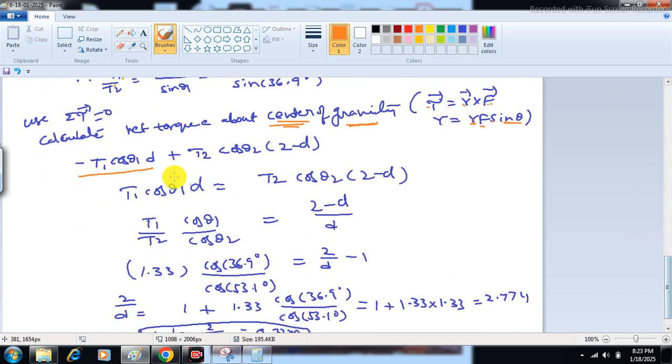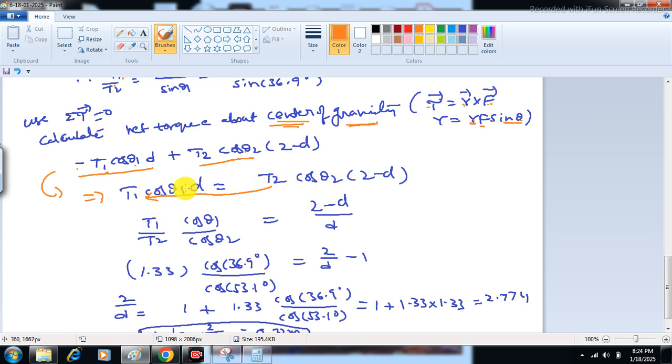So torque due to this component of force: here F is T2 cos theta 2, r is 2 minus d, theta is 90, sin 90 equal to 1. For the other, F is T1 cos theta 1, r is d, and since it is a clockwise torque, negative. Since this is an anti-clockwise torque, positive. From this equation, we have T1 cos theta 1 d equal to T2 cos theta 2 into (2 minus d).